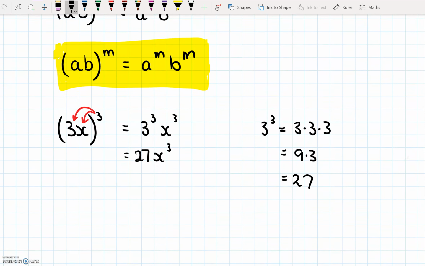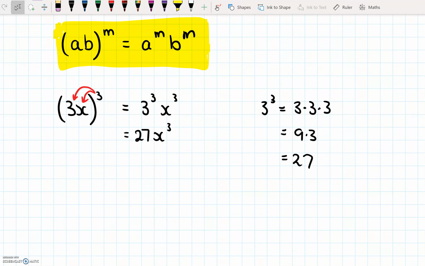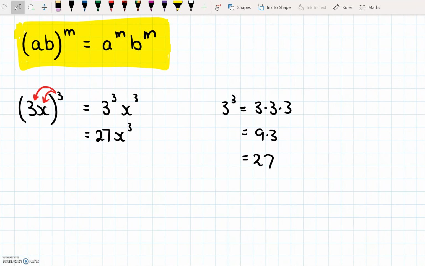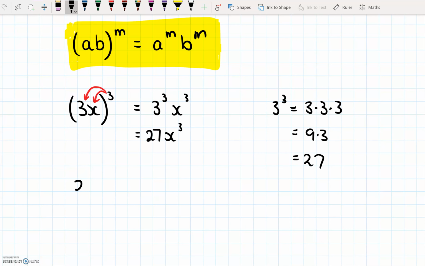All right, that's all very nice and well. Let's make it a little harder. I'm trying to keep the numbers quite simple for you for now, so the coefficients will be quite simple. Let's say we have (2y cubed) to the power of 5. Okay, this just got a little messier. This is when we have to also think about the previous rules. As we go through these, you're going to have to start linking rules together. We don't just use them on their own, they always end up linked.